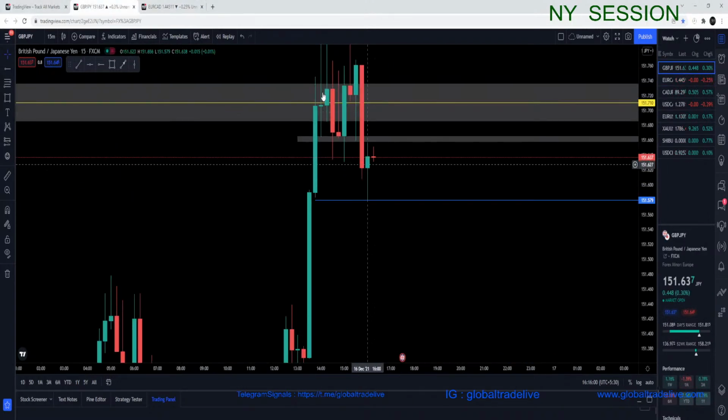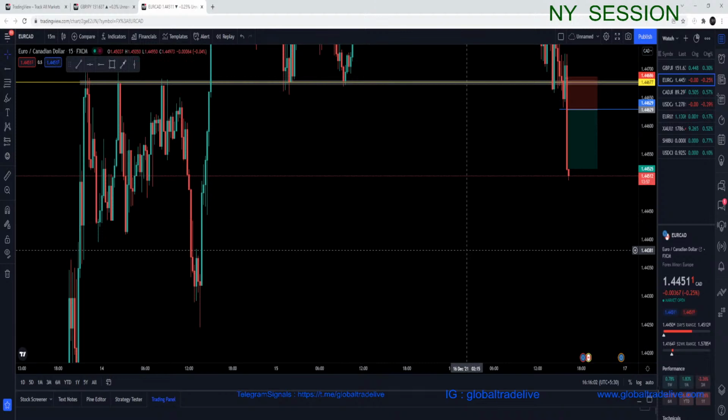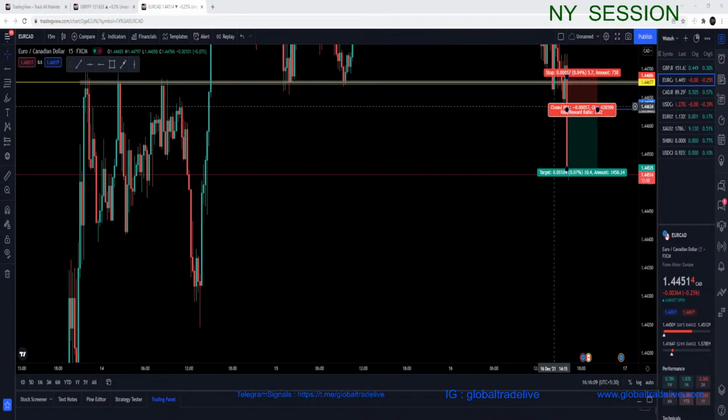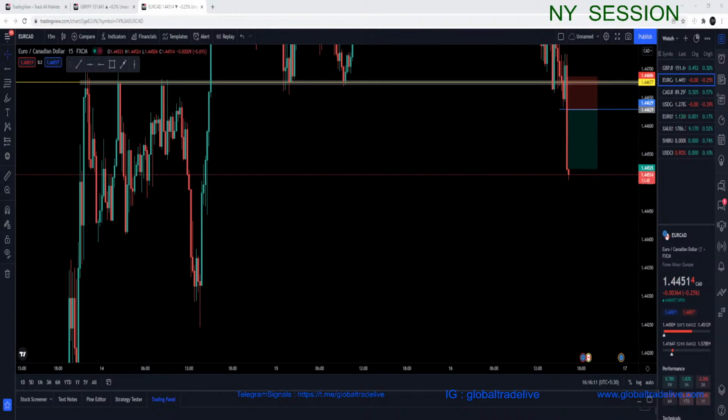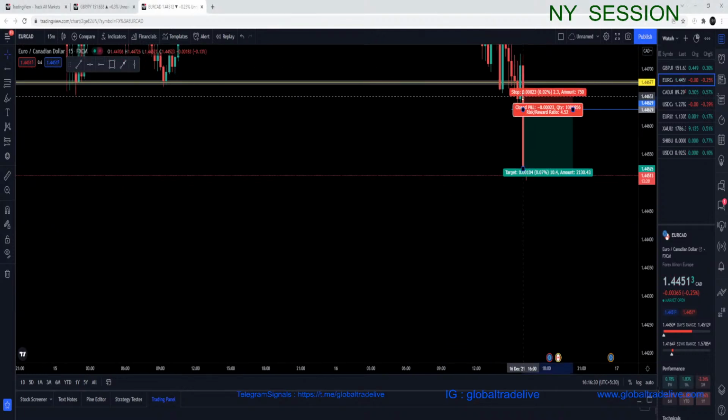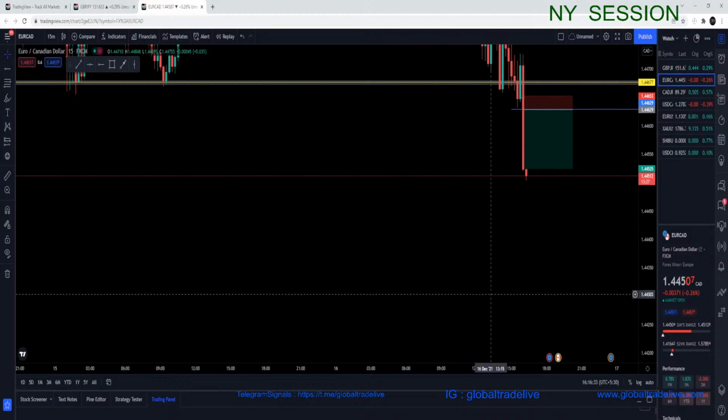It was a good decision to close GBP. Actually, I have closed half of the trade over here in EuroCAD, and I'm going to keep the stops around 1.6 pips, actually over here, above this level.